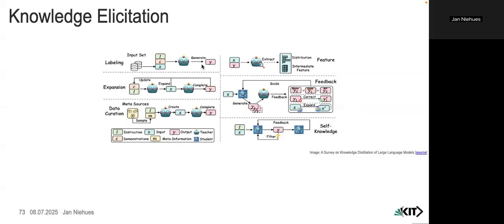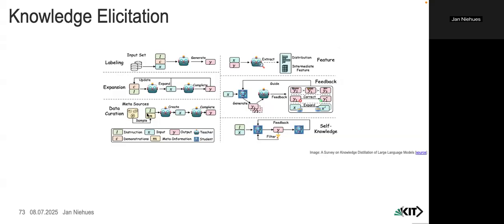You can also do what is called expansion, where you do not have the input data, you only have instructions. So first you generate your input data, and then you put your labels and maybe update them. That is maybe more interesting, because you don't really have to get all the data. In a language model, you can also say, generate me five dialogues, and it will generate five dialogues, and you can use them.